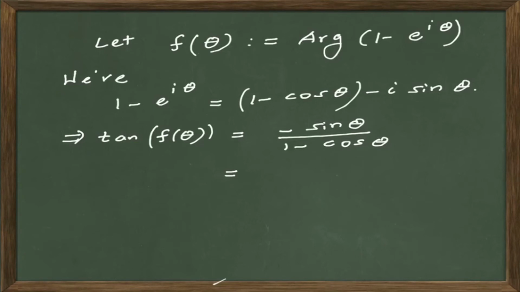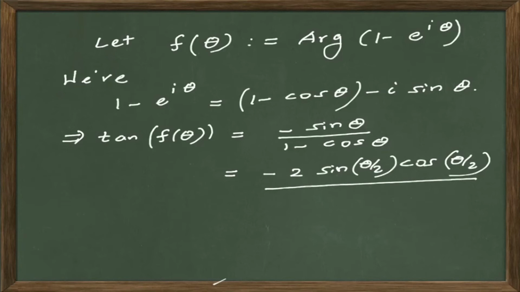So we use the formula for sin 2 theta. So this is nothing but minus 2 sin theta by 2 times cos theta by 2, whereas the denominator is equal to 2 times sin square theta by 2.